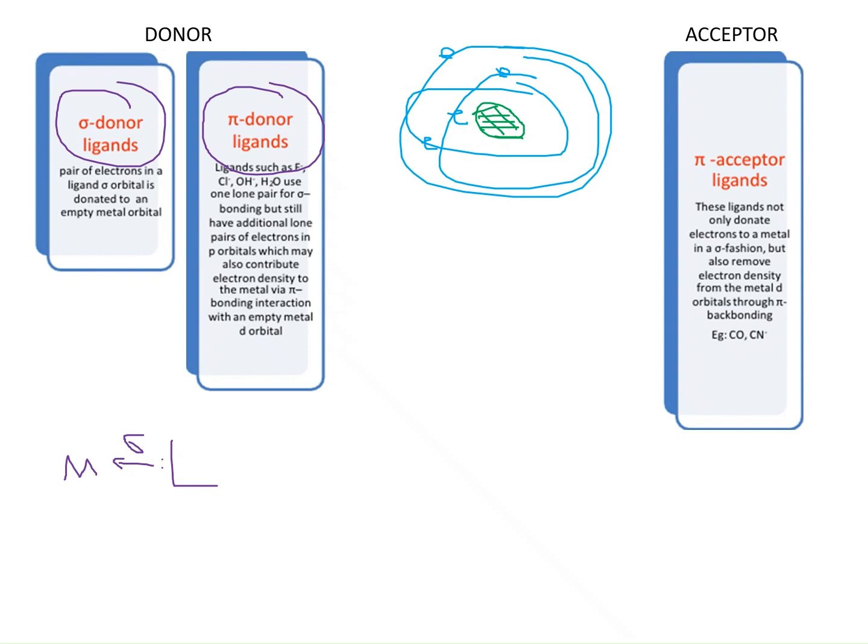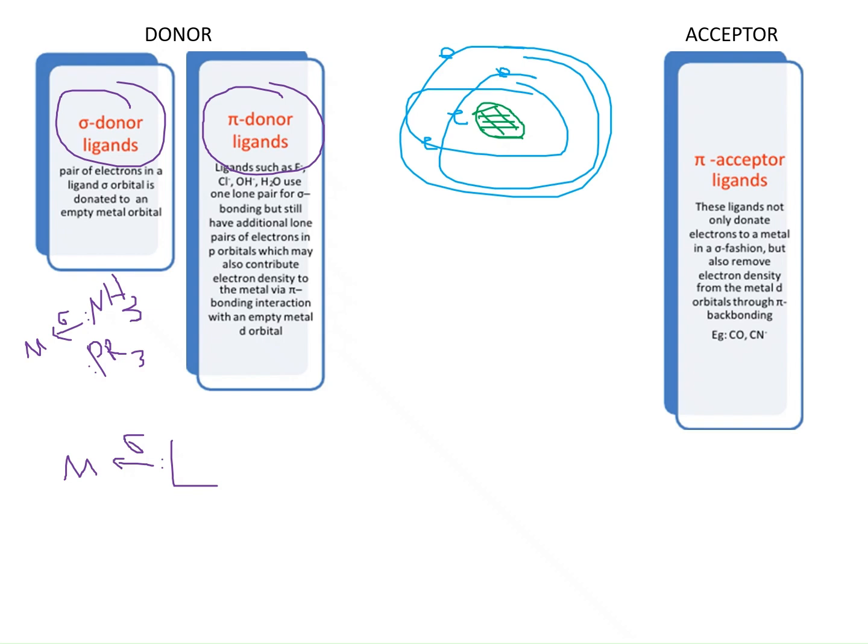So for example, we have ammonia. Okay. We also have phosphine. These are examples of a sigma donor, because the nitrogen here and phosphorus here have a lone pair. This is the only lone pair that they have, that when it's donated to the metal, it makes a sigma bond.